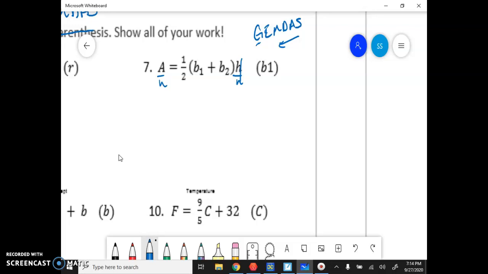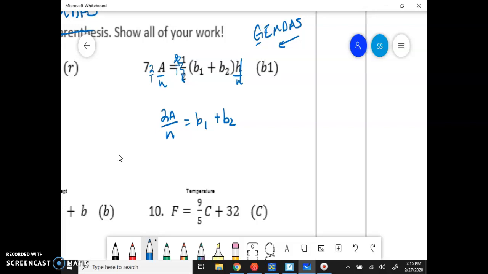Now if I want to get rid of this half, I'm going to multiply by 2 over 1, that's going to cancel, so that's essentially gone. If I do it to one side, I've got to do it to the other, so I'm going to multiply this side by 2 over 1. Now I'm left with 2 times A over H is equal to B1 plus B2.